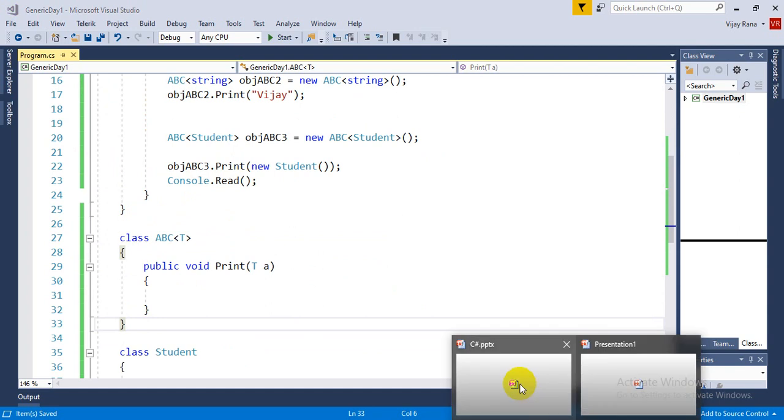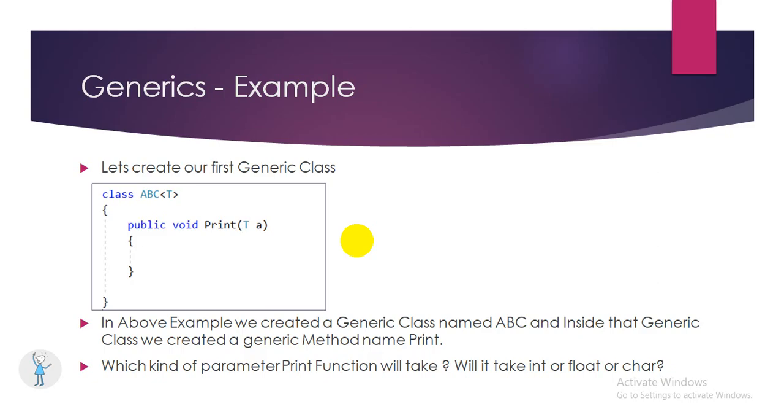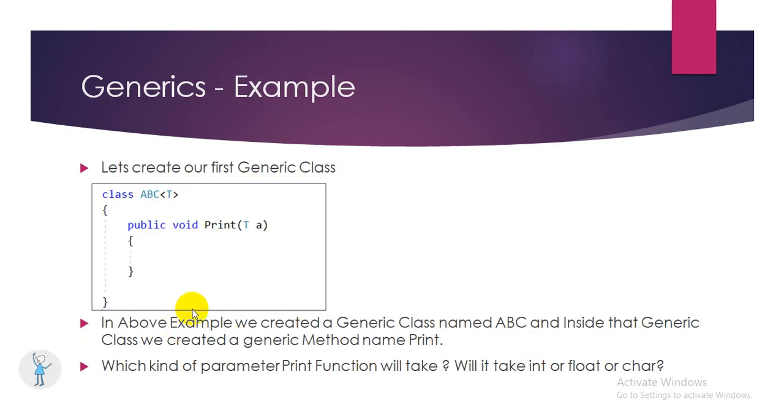Okay, so let's jump to our PPT and check what other points there are. This is what we discussed. This is how we create a generic class, and in the above example we created a generic class named abc, and we have a print method.